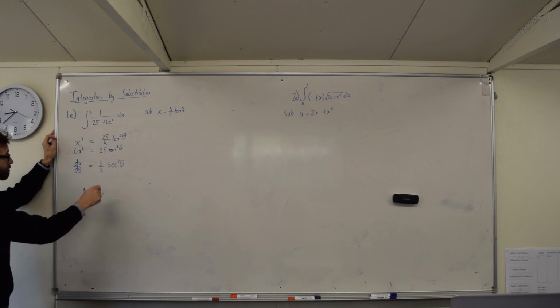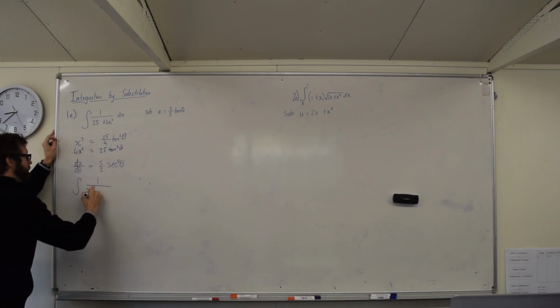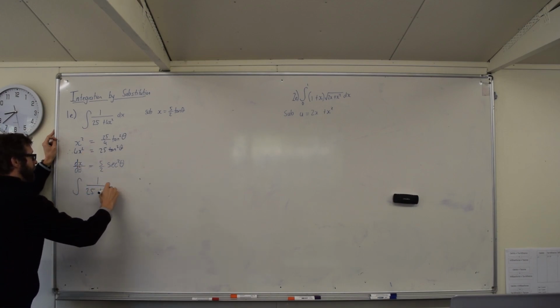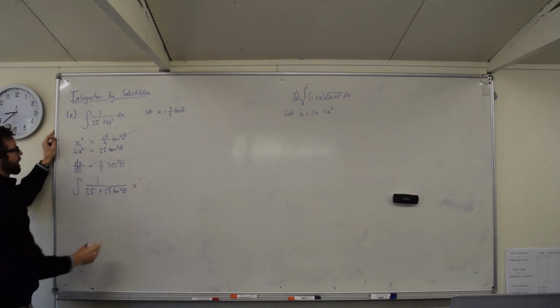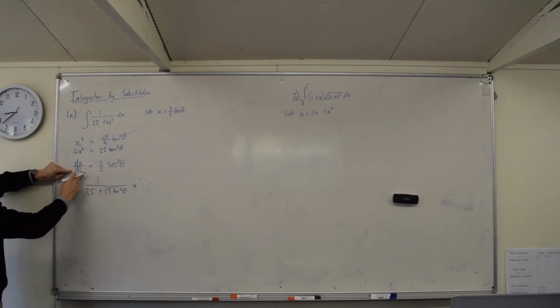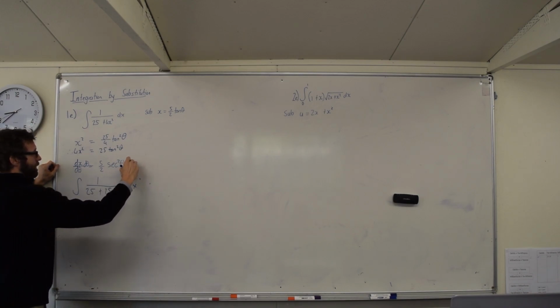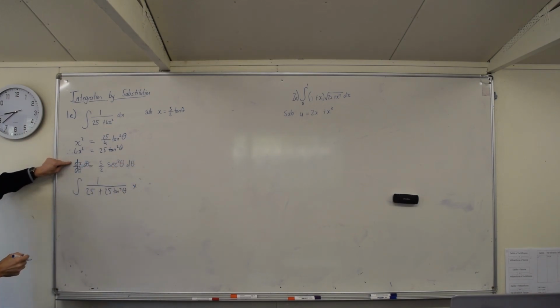So, let's see what this looks like when we start putting some things in. I've got 1 here. On the bottom I've got 25 plus 25 tan squared theta. And I'm multiplying that, one more thing I should have done here, times both sides by d theta. So that's what dx is.